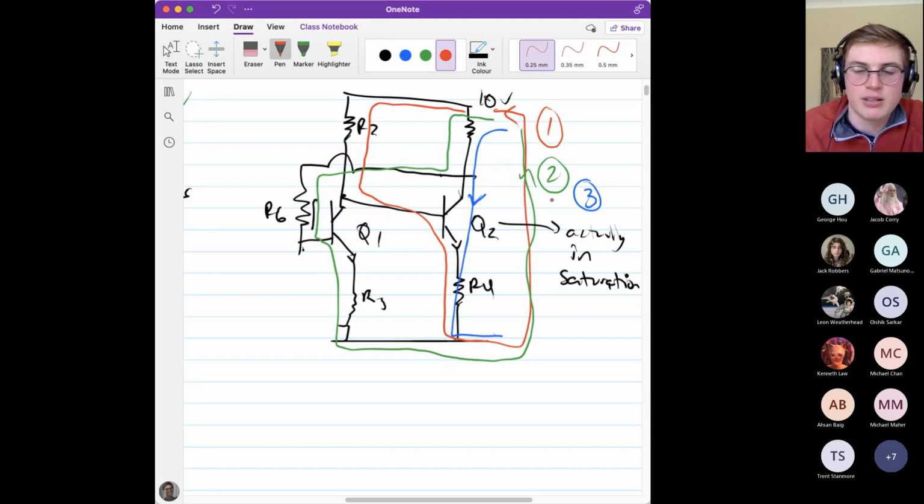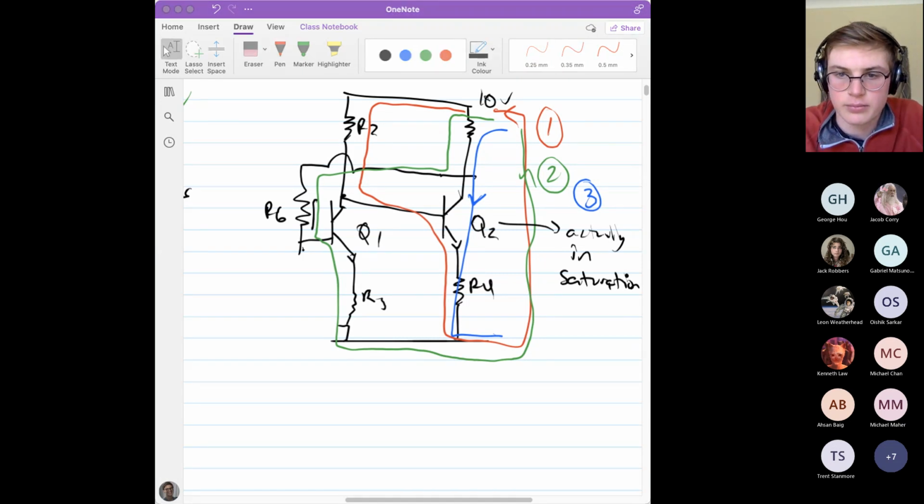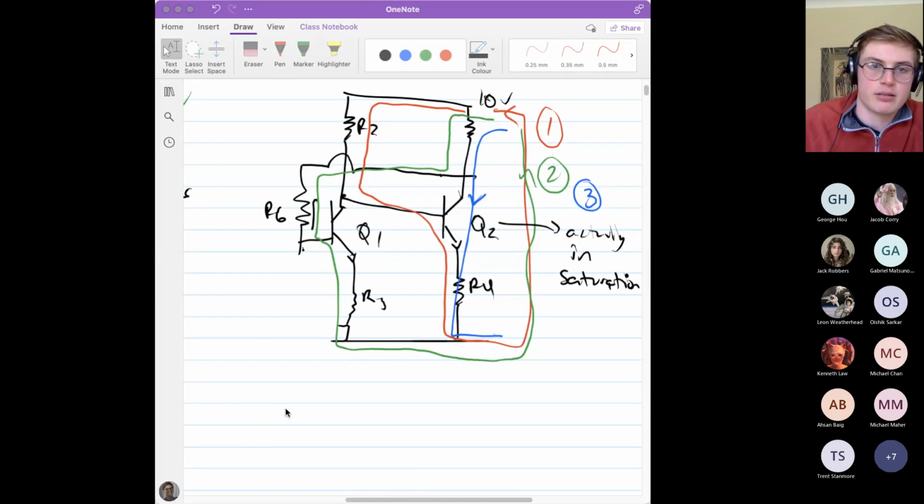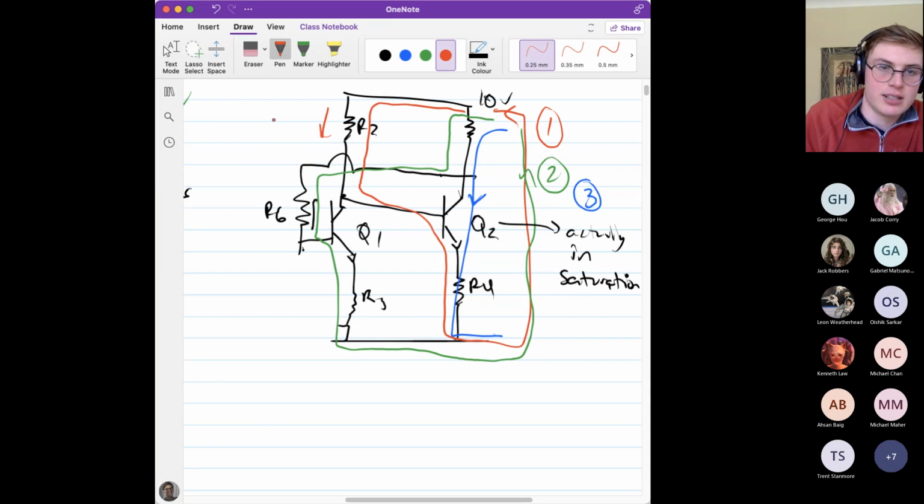Essentially we're looking for a current here, this collector current here, IC1, which has also got a bit of base current.